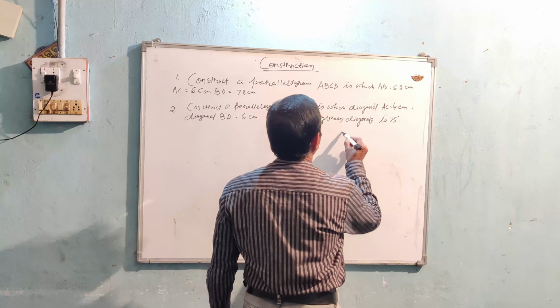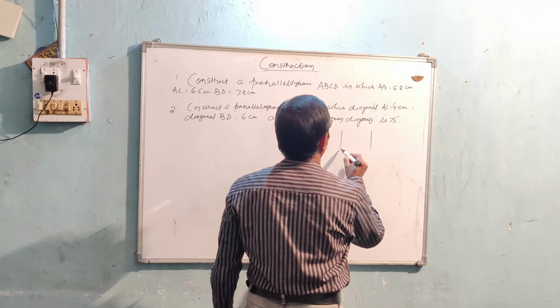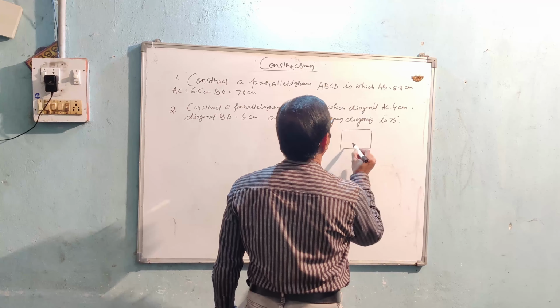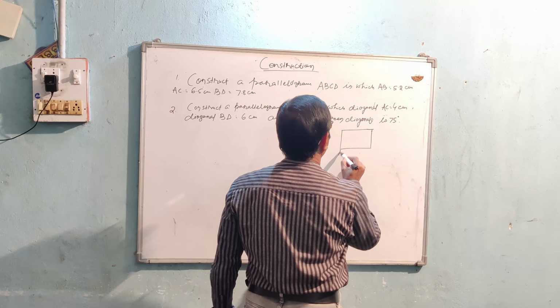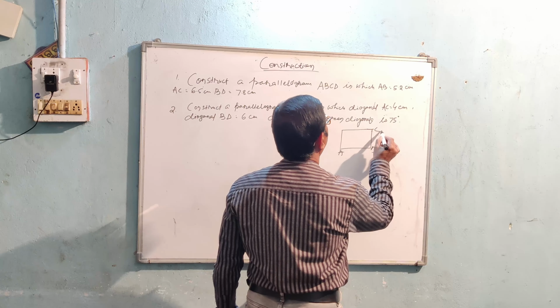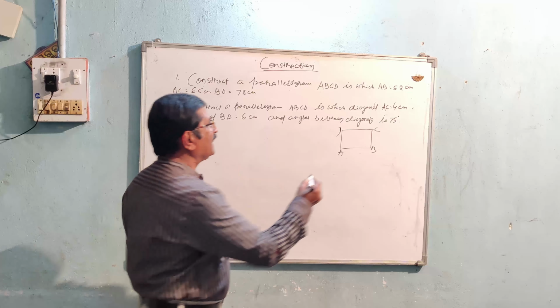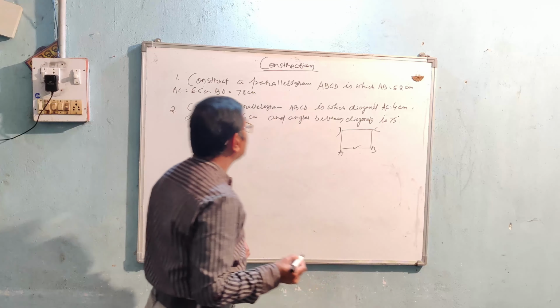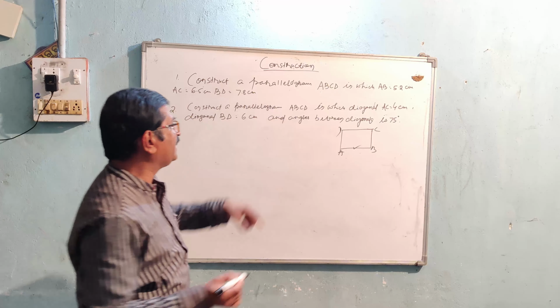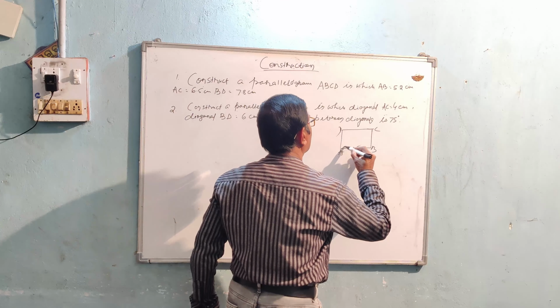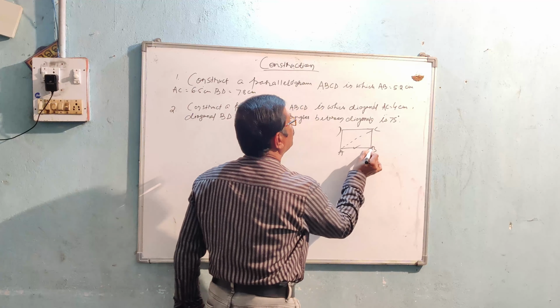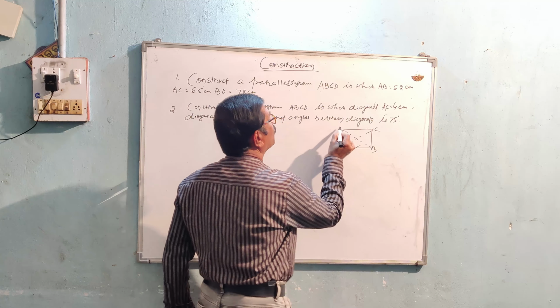First you draw a sketch diagram. Let us use A, B, C, D. Then what is given to you? This is given to you. Thereafter AC, this diagonal, and BD, this diagonal.